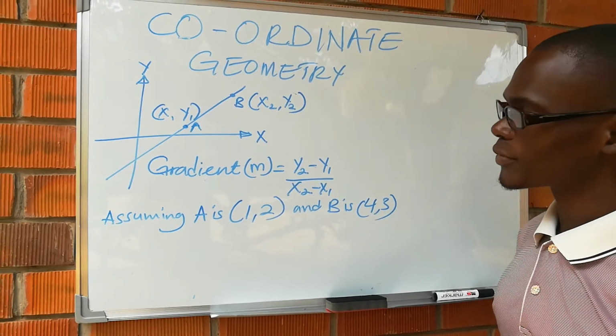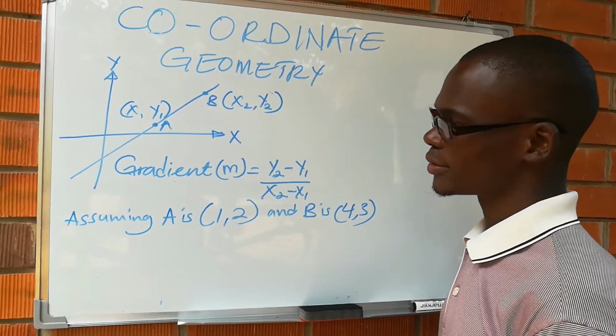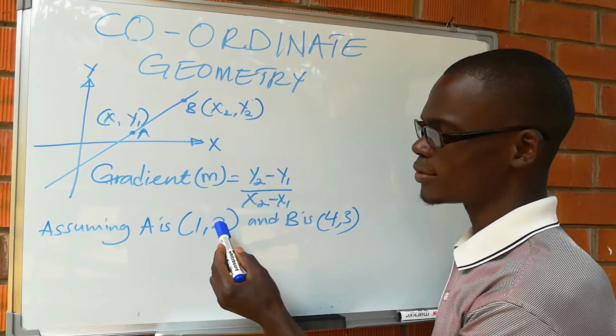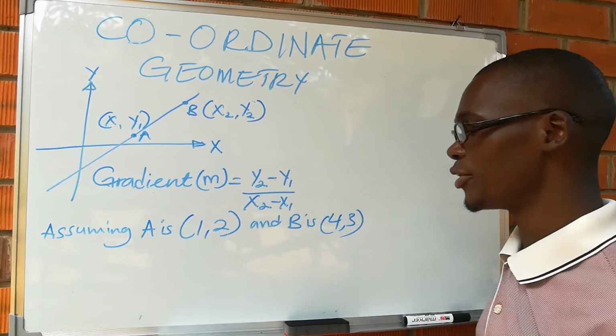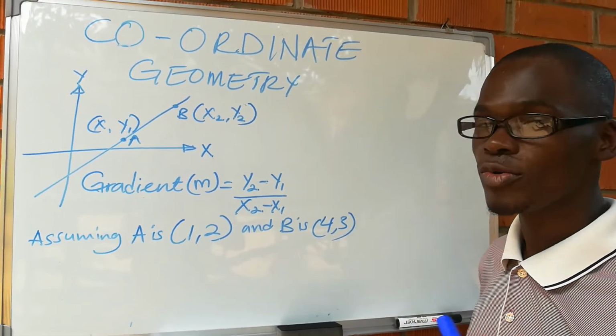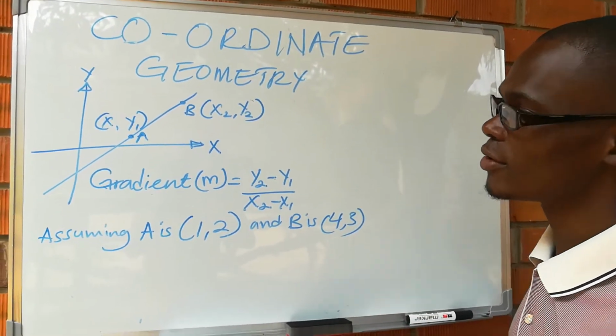Okay, so assuming point A is 1, 2, and point B is 4, 3, how do we get the gradient of this line?